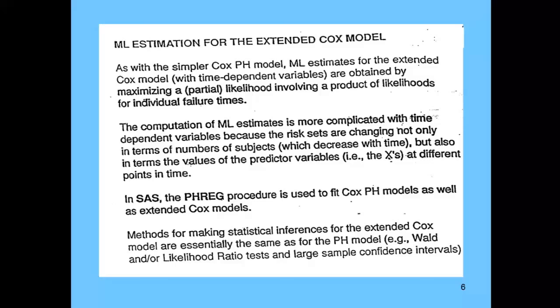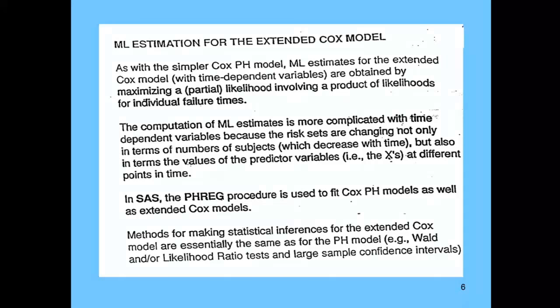That's the program you use. The way you do that is just maximizing a likelihood function. It turns out the likelihood function and the process is more complicated when you have time-dependent variables than when you have time-independent variables only. When you have time-dependent variables, remember I talked about the risk set and how the risk set changes as people fail?